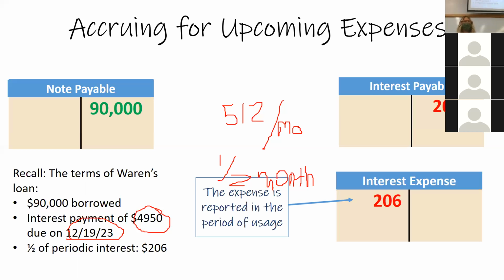Again, that's to make the matching principle hold. We want our expenses to line up with the time we're getting the benefit from those expenses. Any questions about that?